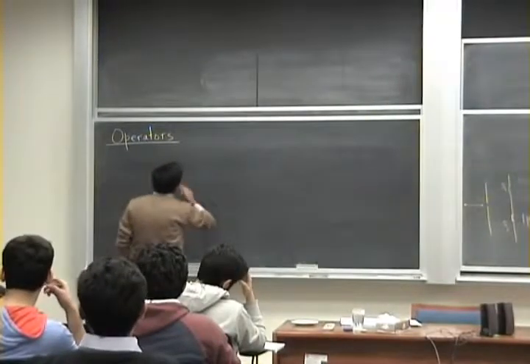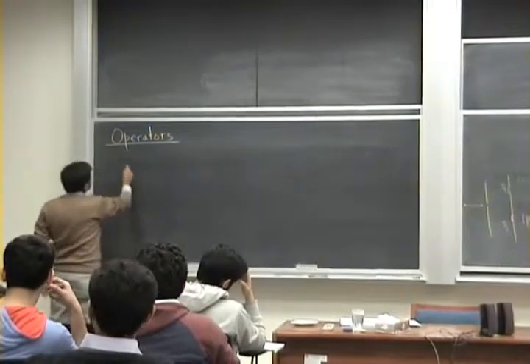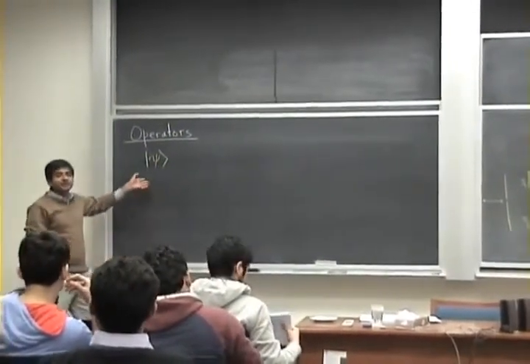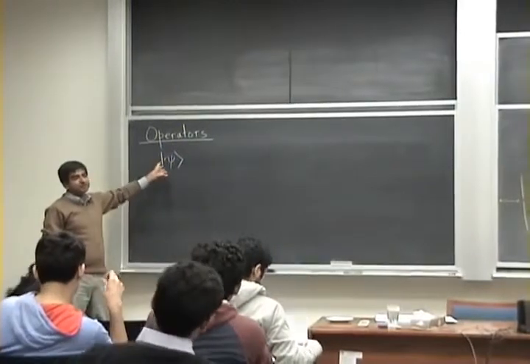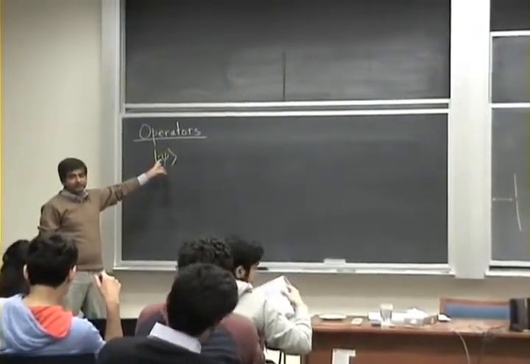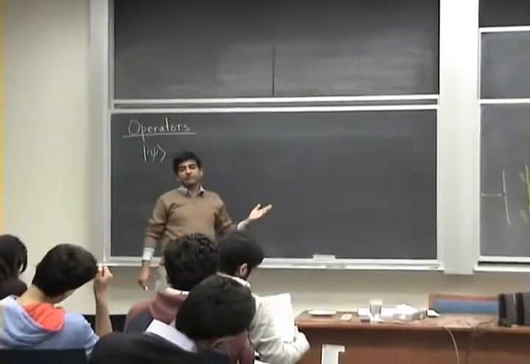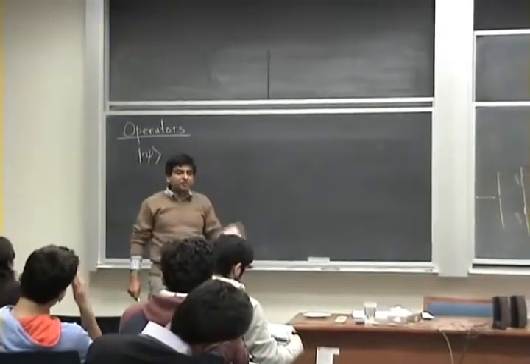Suppose I have a quantum state psi, okay? Now this is a totally general state. It need not just be the polarization of the photon. It could be anything. It could be the spin of an electron. It could be the path of a photon. It could be the charge of an electron.